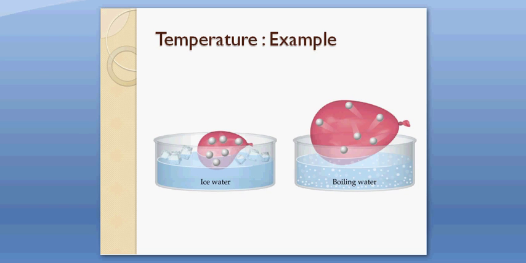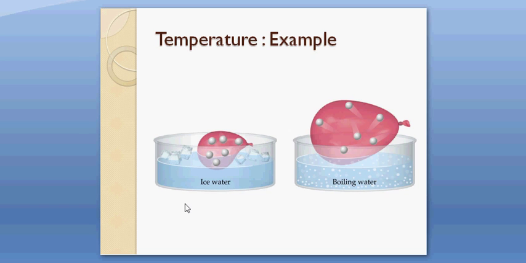Now, here is an example with an activity. Let's blow up one balloon and keep the balloon in boiling water. What happens? The kinetic energy of the molecules in the balloon increases and the balloon goes into a bigger size as compared to the ice water.